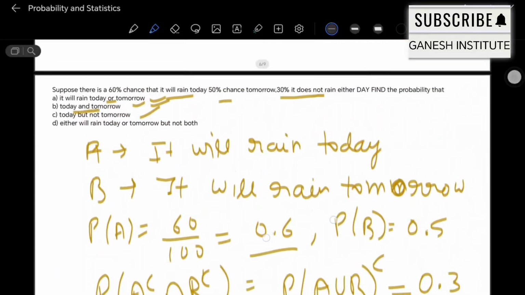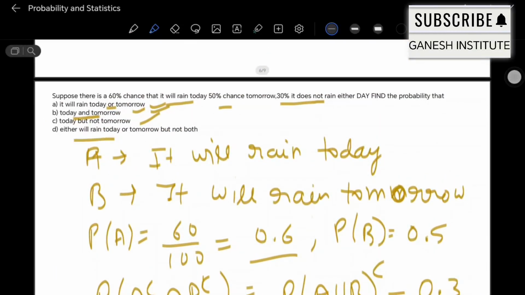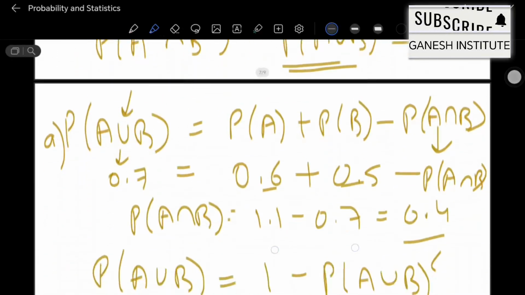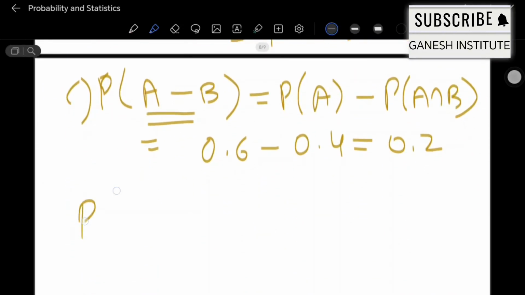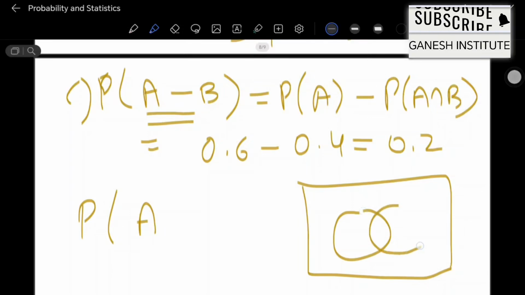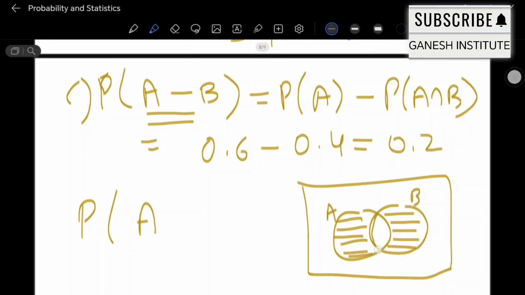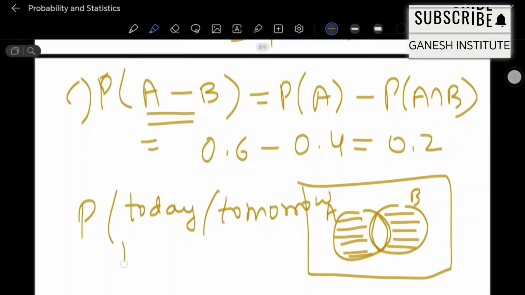Then the other part is what? Either it will rain today or tomorrow but not both. It can rain today or tomorrow, only A, only B, but not this bit, the common one. So that will be what? Today or tomorrow, but not both.